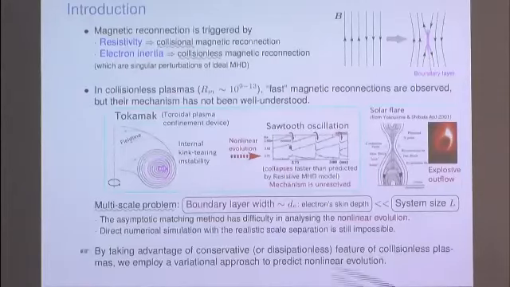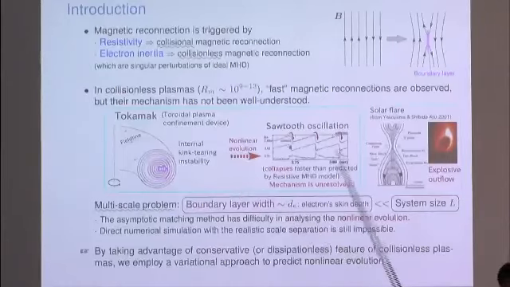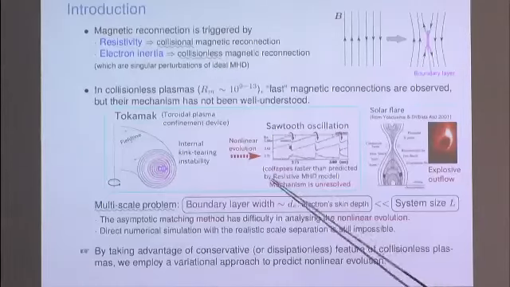But this collapse is usually faster than predicted by the resistive MHD model. So this reconnection should be collisionless magnetic reconnection. But there is no nonlinear theory which explains the fastness of magnetic reconnection.